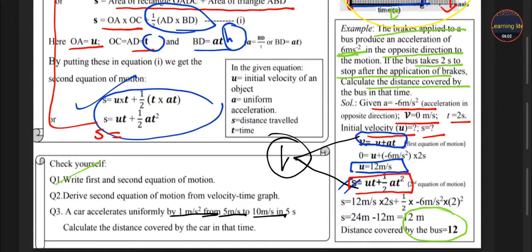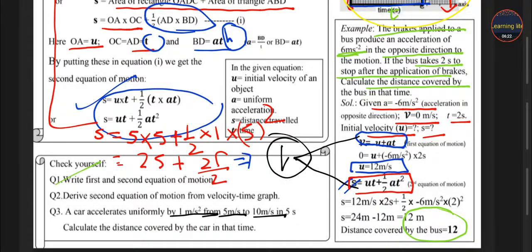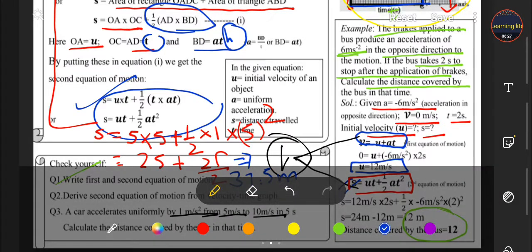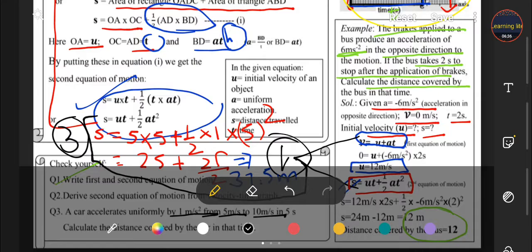Here S equals u, initial speed 5, times time which is also 5, plus half, acceleration is 1, time is 5 square. So here we get 25 plus 25 by 2, that is equal to, student, 37.5 meter. So this is the answer of your third question. In the third question we find the distance that is equal to 37.5 meter.